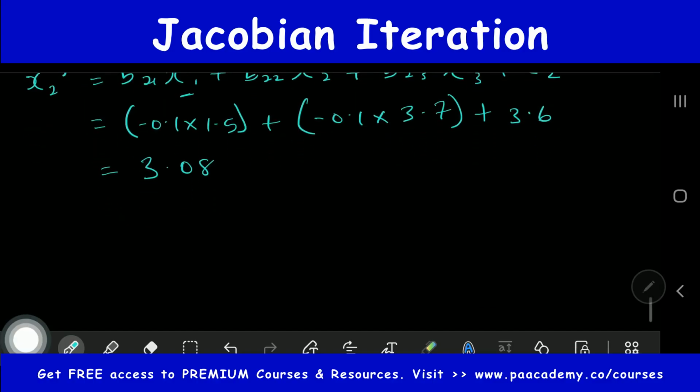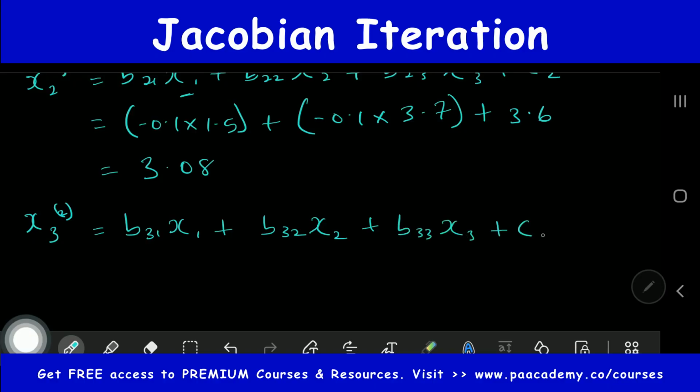All right, so let's move to the x3 of 2. So that will be b31 x1 plus b32 x2 plus b33 x3 plus c3. All right, so let's put in the values. Our b31 is 0.1, so that's 0.1 times our x1 again, which is 1.5. Take note. Then our b32 is also 0.1 times x2.